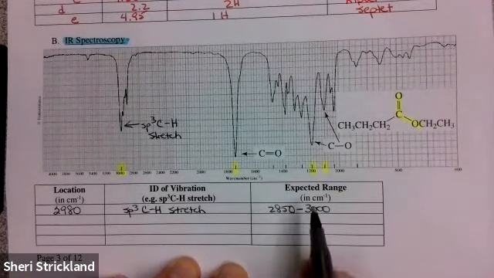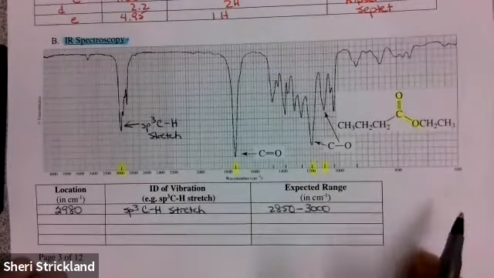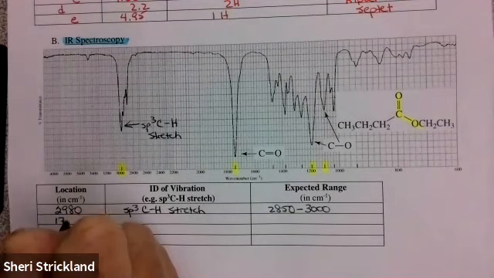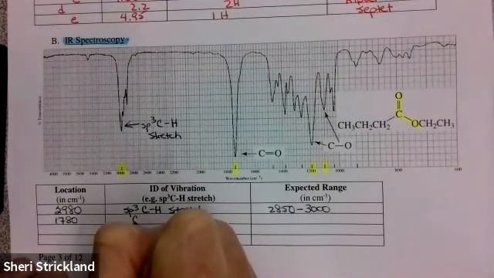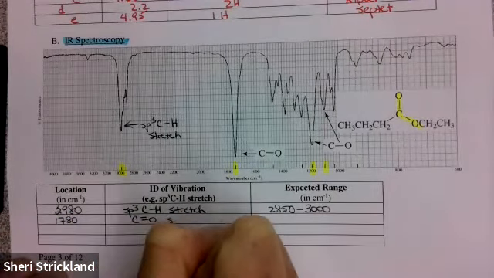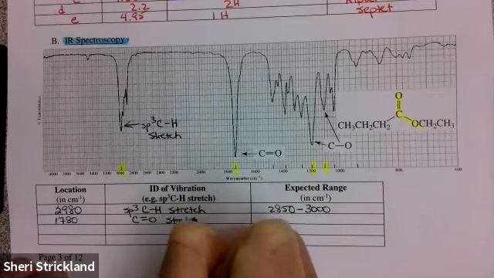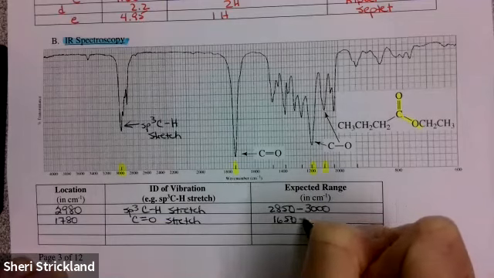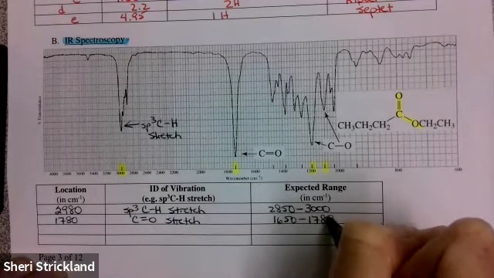Okay, and so the expected ranges just confirm my assignment of what it is given its location. So I said 1780 for the carbon oxygen double bond stretch. These show up in the 1650 to 1780 region.